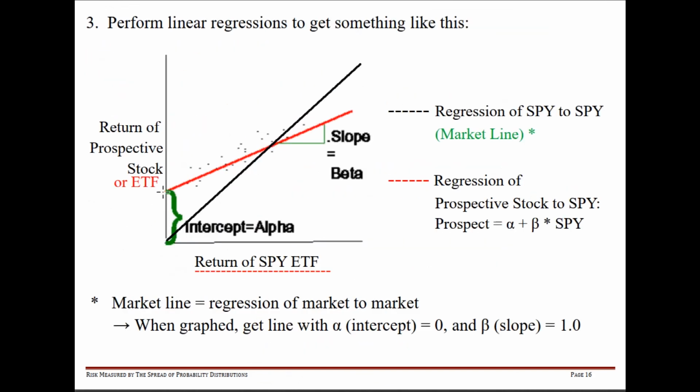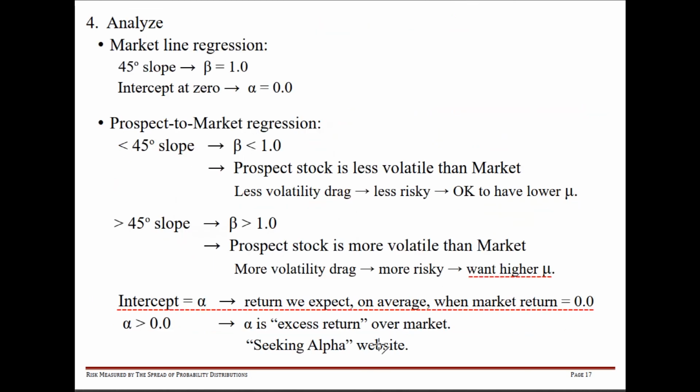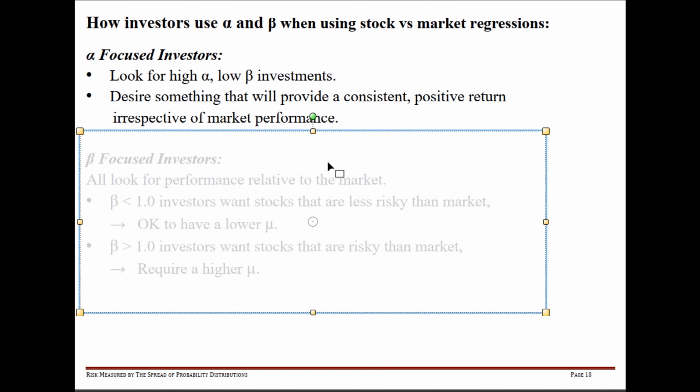When the market's not doing anything, they're making a lot of money, and their holy grail would be a line like this, where no matter what the market is doing, they're making some return alpha. So those are our alpha-focused investors, and they want a consistent return. The key here is irrespective of the market's performance.